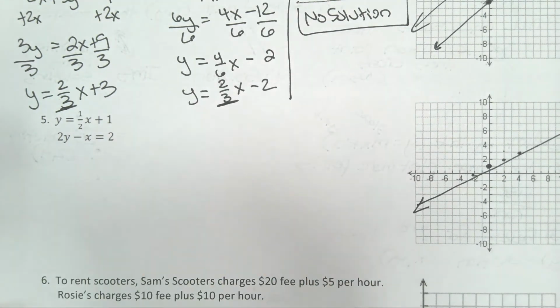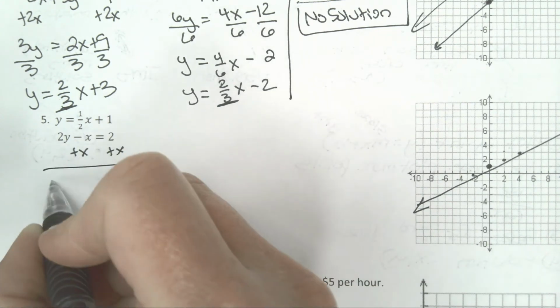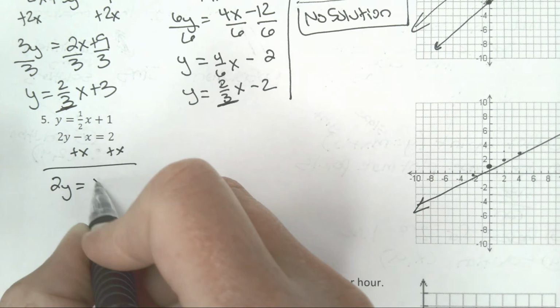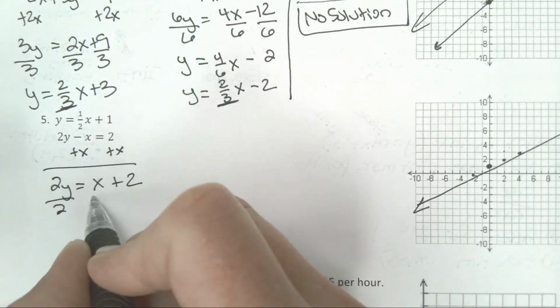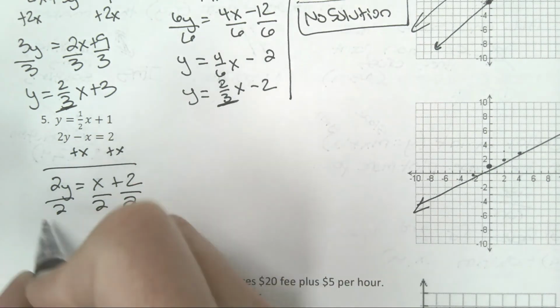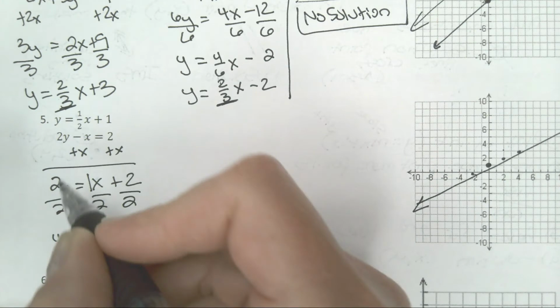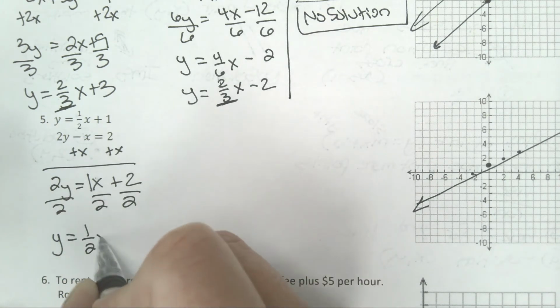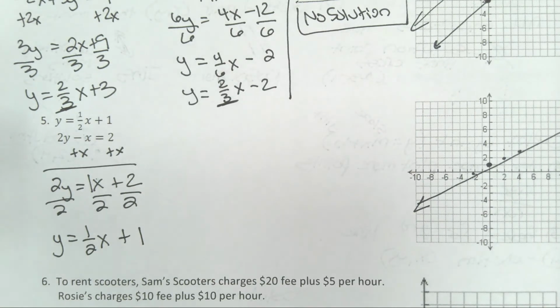The bottom line, you have to solve for y, so I would add x to both sides. So 2y equals x plus 2. Divide every single term by 2. There's an invisible 1 in front of that, so x over 2 is the same thing as 1/2 x, and then 2 divided by 2 equals 1.